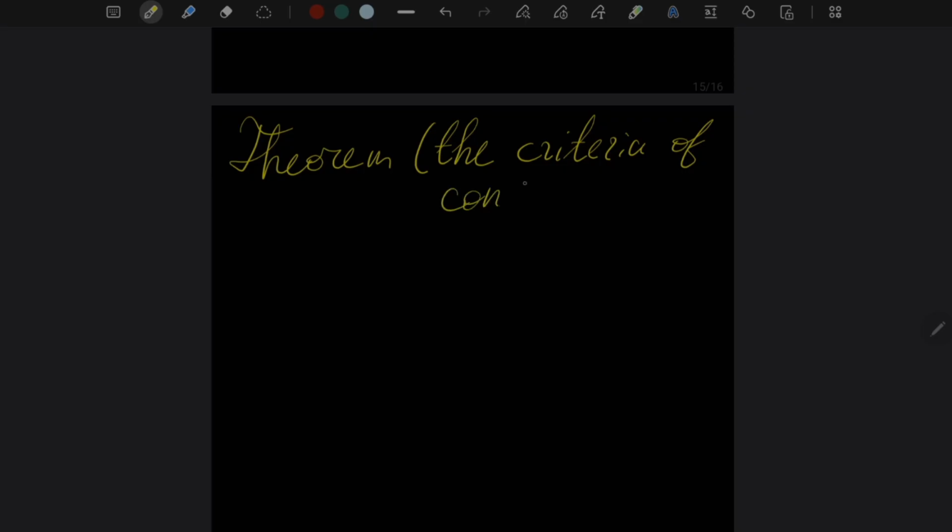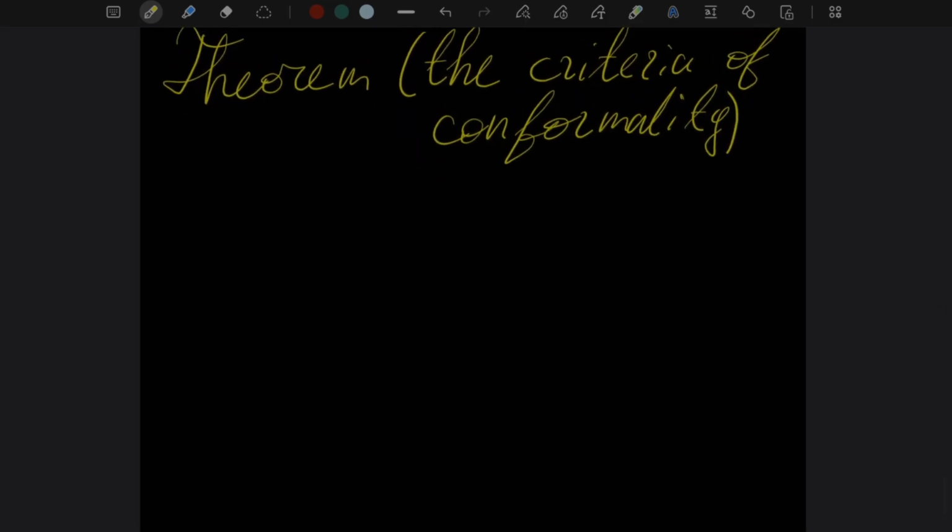So we have a theorem. It states, as I have already mentioned, that f is conformal if and only if u and v are differentiable in the domain omega, and f is a mapping of constant linear stretching and angle preservation.